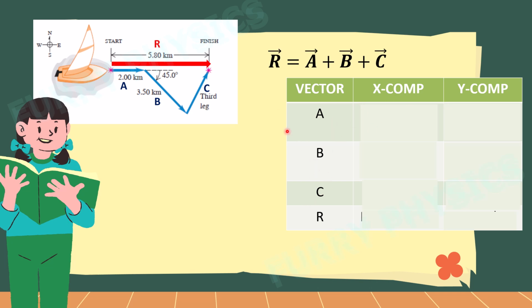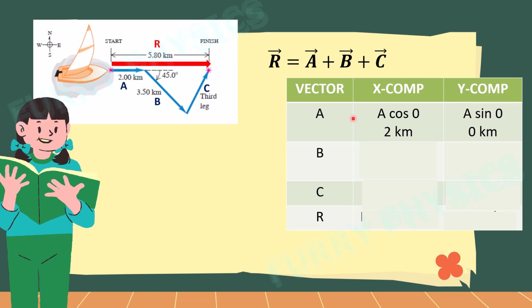We get the components of each vector. The x component of A is A cosine 0, because the x component is just going to the right. Hence, the angle it makes with the x-axis is 0 degrees. So the x component of vector A is 2 kilometers.